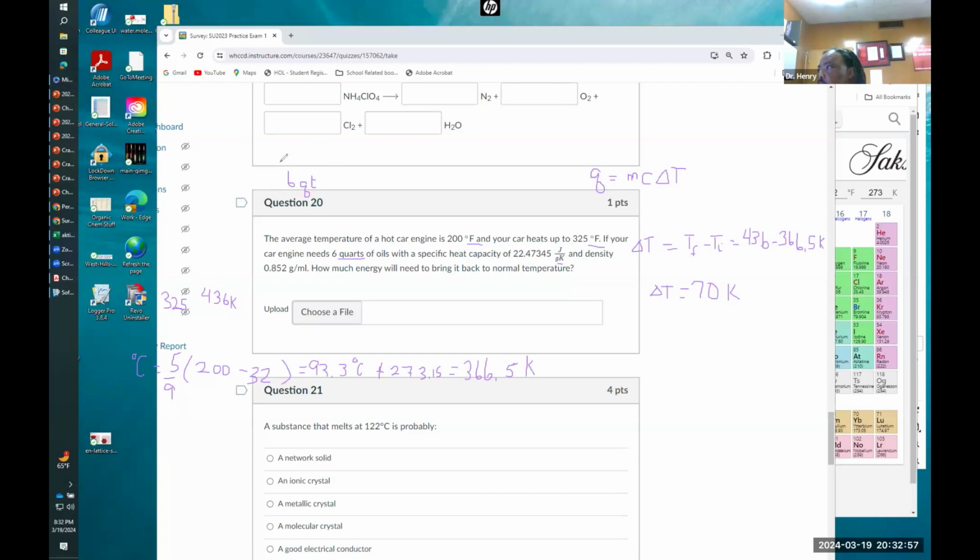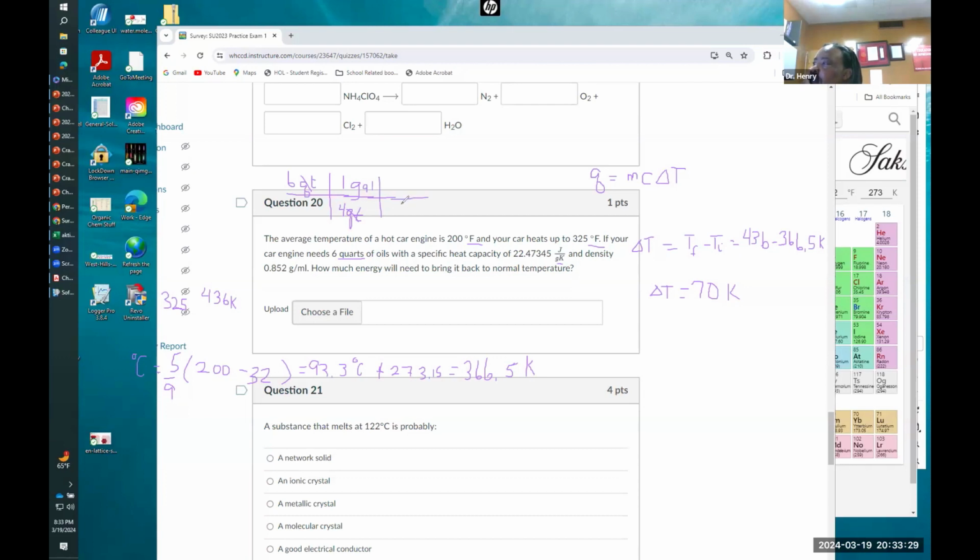So we need to change our quarts into milliliters. So how many quarts are in a gallon? Is it 4 quarts equal 1 gallon? Yes. Okay. So then quarts are going to cancel out. We have gallons.